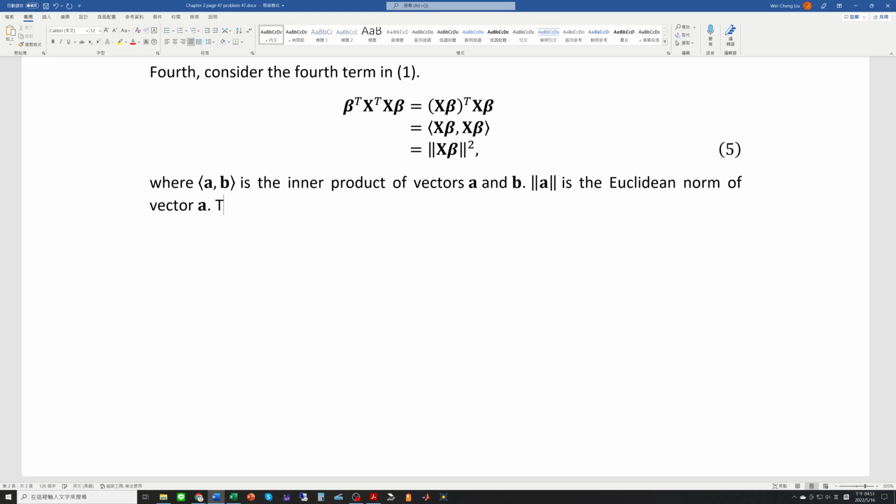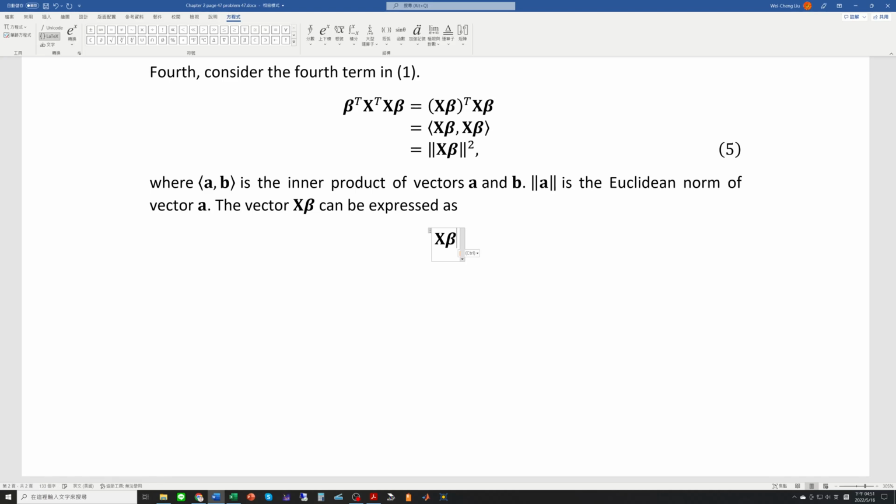Okay, the vector X beta (not bold) can be expressed as... Okay, let us see.